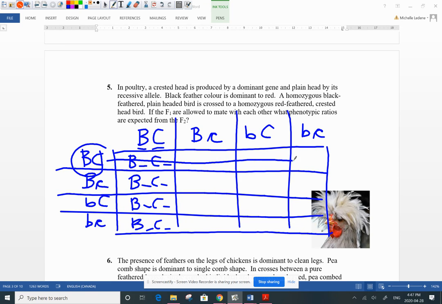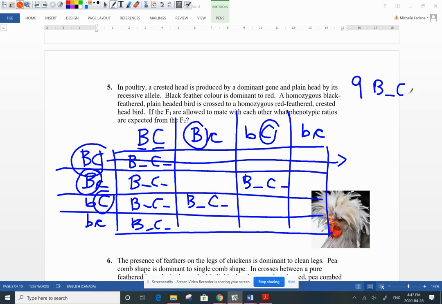Likewise, going across this way, all black and crested. Which other ones are going to be black and crested? Big B, big C. So this guy, black and crested. Which other ones? Also going to be this guy here. So what are we getting? Those are the 9 black and crested, the 9 double dominants.